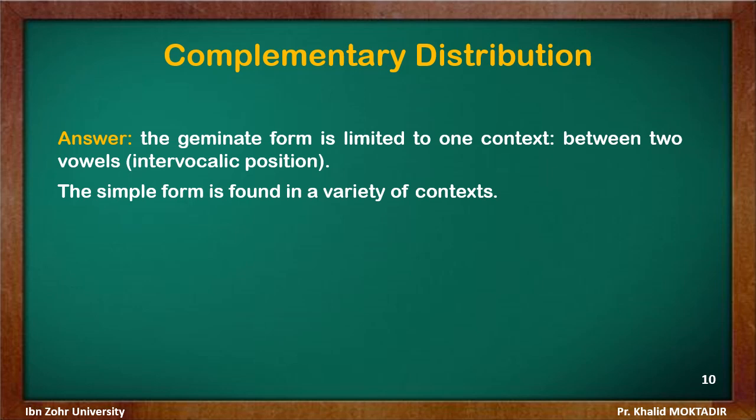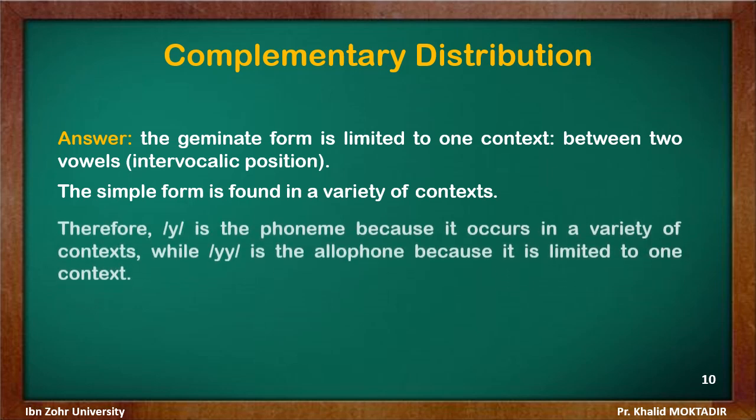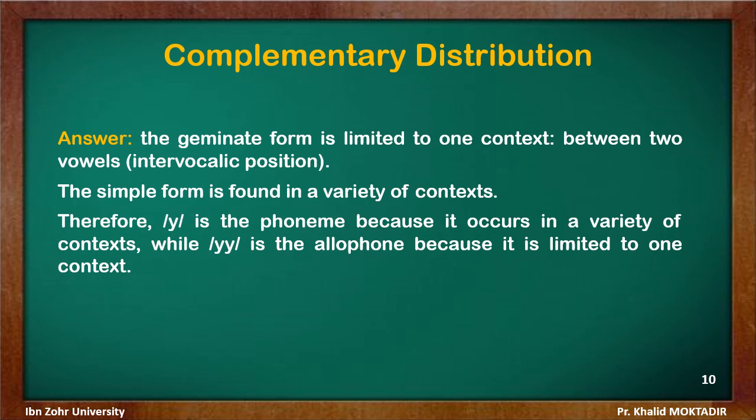Now, the conclusion that we would draw from that is that the simple glide is the phoneme because it occurs in a variety of contexts, while the geminate is the allophone because it is limited to one single context.